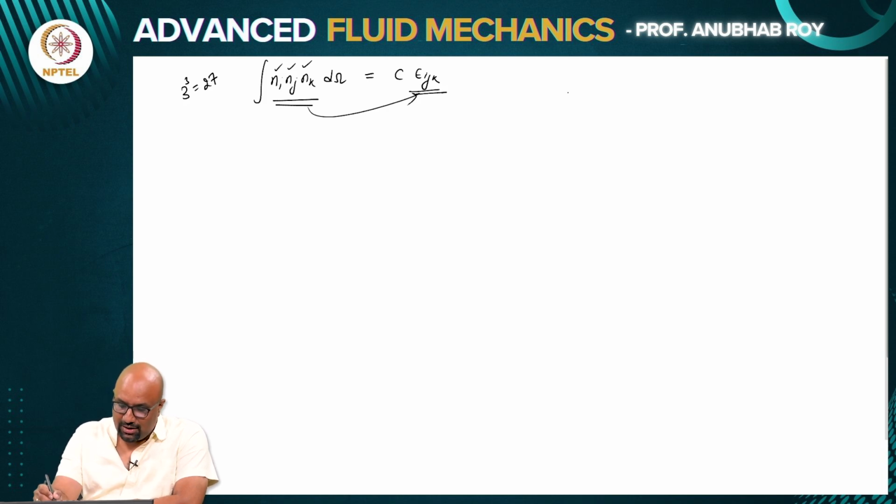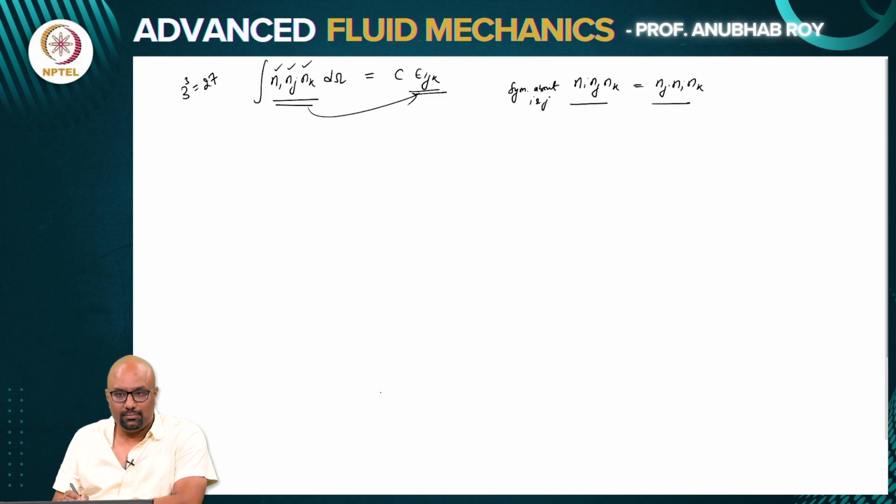Now, we realize that on the left hand side, Ni Nj Nk can be written as Nj Ni Nk. There is nothing particular about the order in which I am writing them, which means that the integral on the LHS is symmetric about i and j. But on the right hand side, epsilon ijk is the negative of epsilon jik.